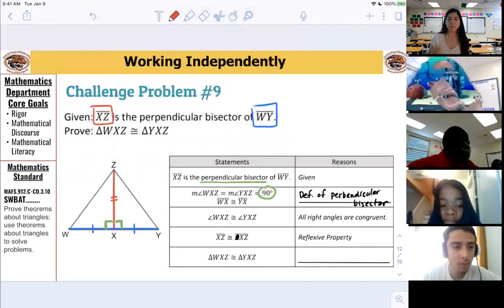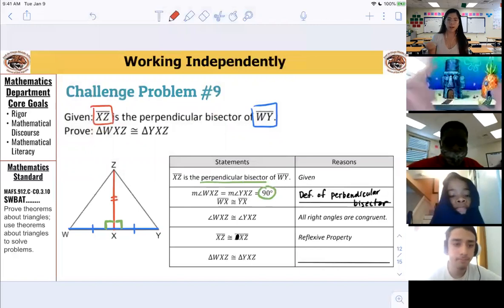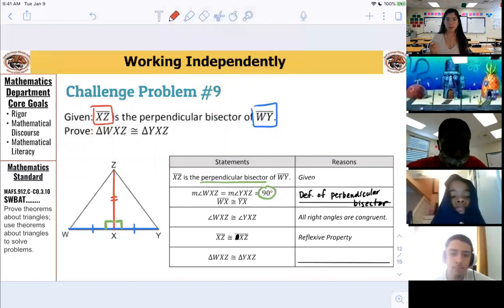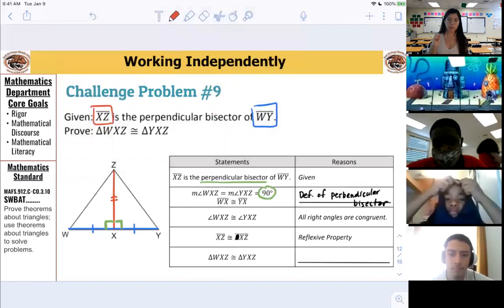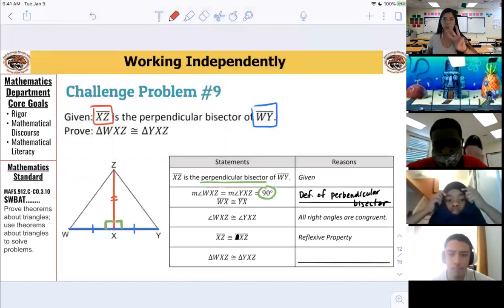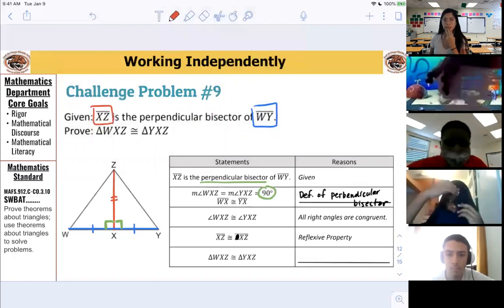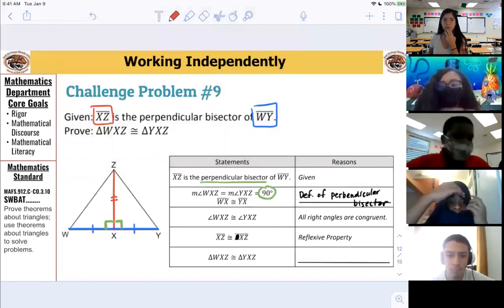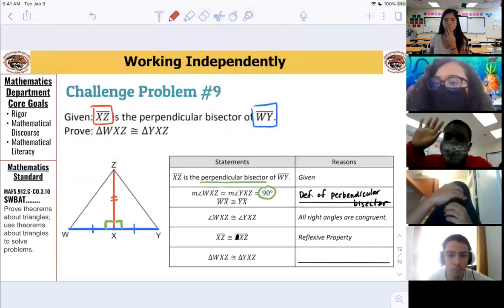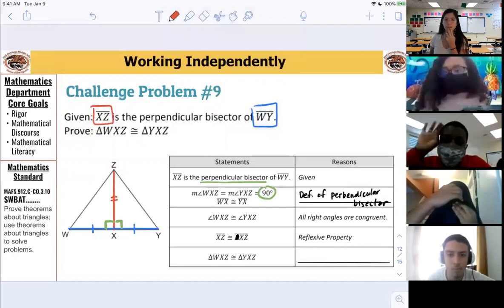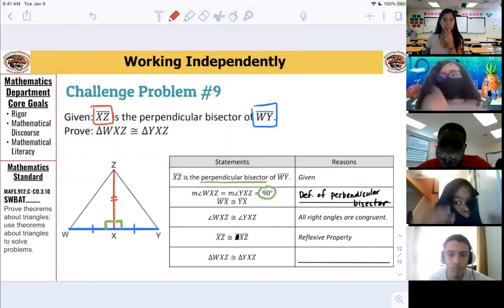And now, before anyone answers this last part, I'm going to bring it back to Emily. Emily, take a look at these two triangles. What three things do I know are congruent between those two triangles? Which property could I possibly use? I know you want to answer, Tyrone, but let's give Emily a chance because I want to make sure she understands it.